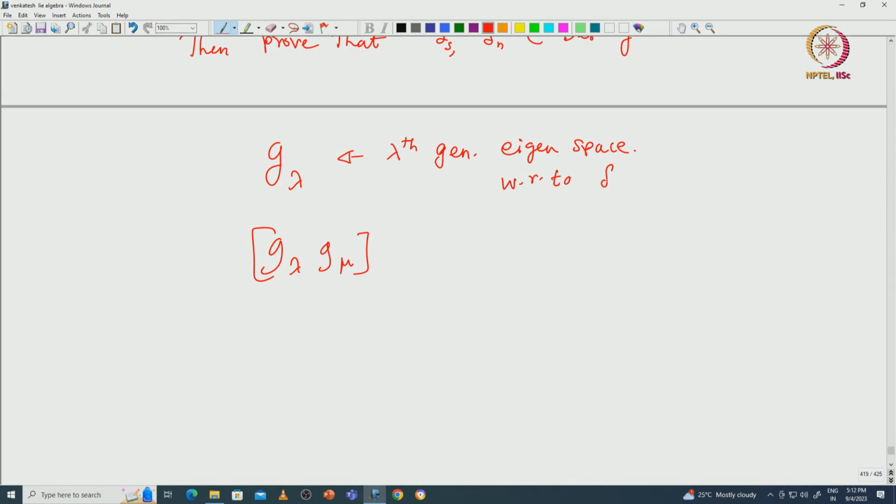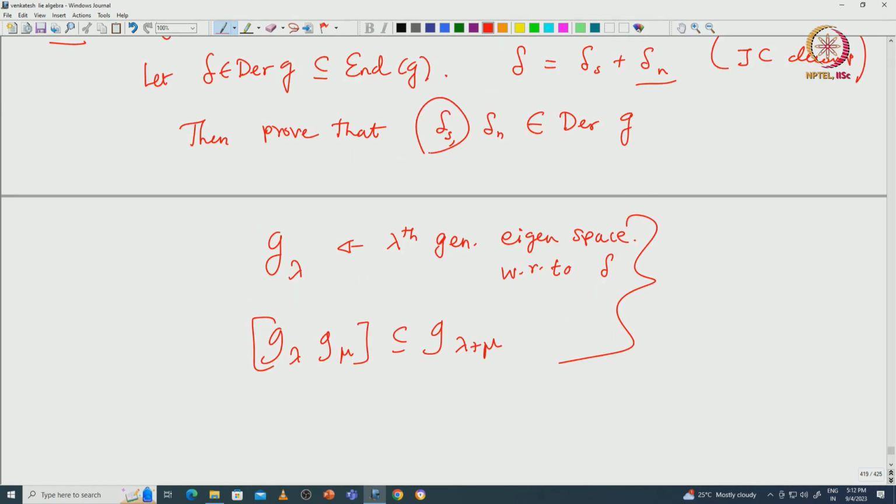Then one can prove that if we take the bracket between g_lambda and g_mu, it has to be a subset of g_(lambda plus mu). Now use this information to prove that delta_S must actually be a derivation. I will leave it to you to check.